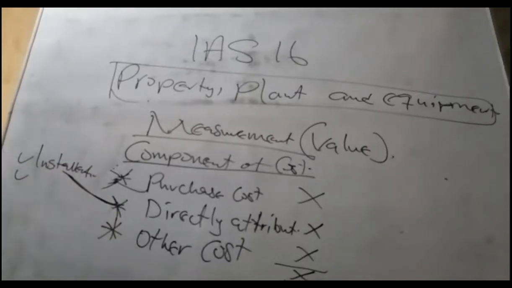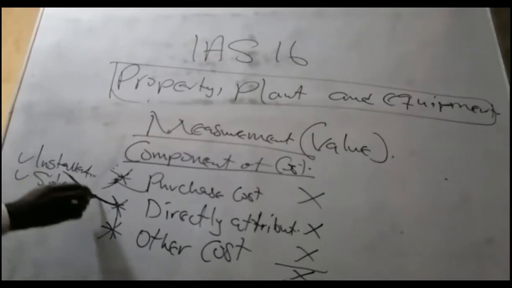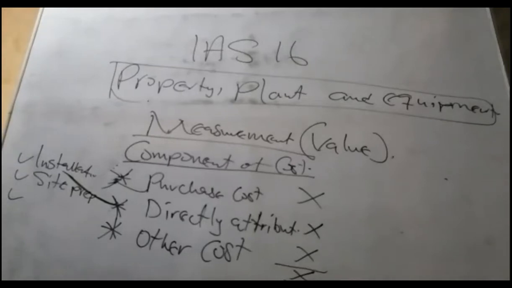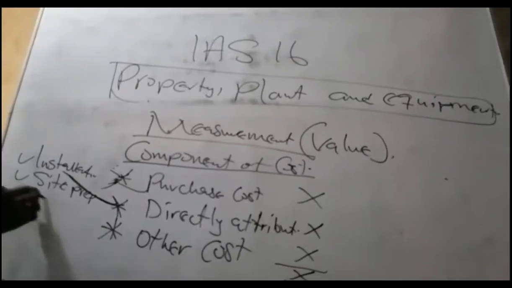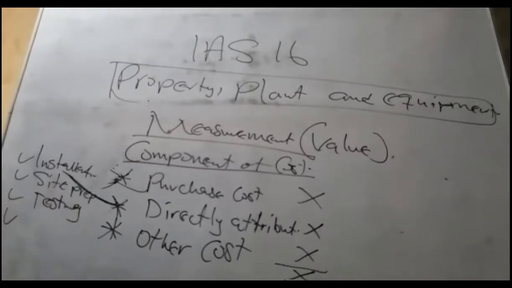Two, site preparation. Three, testing. Pre-production testing. Then four, professional fees. Professional fees such as what? Legal, architect, surveyor, or consultant used in acquisition of the plant.